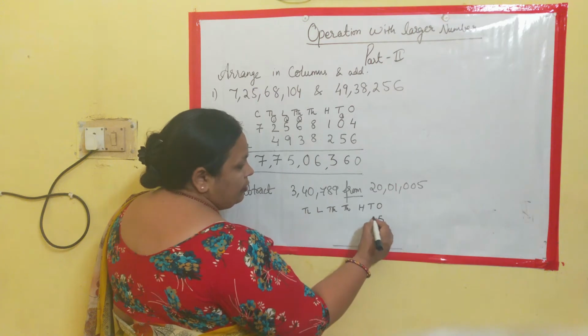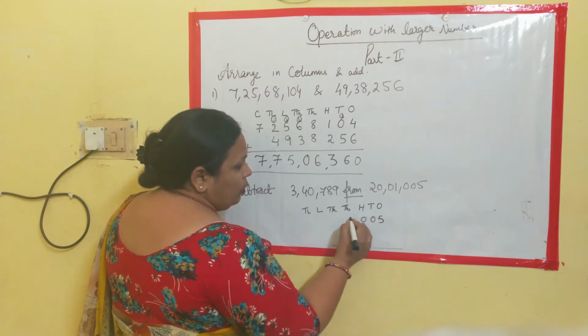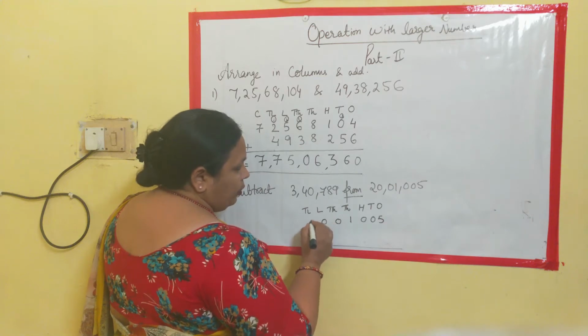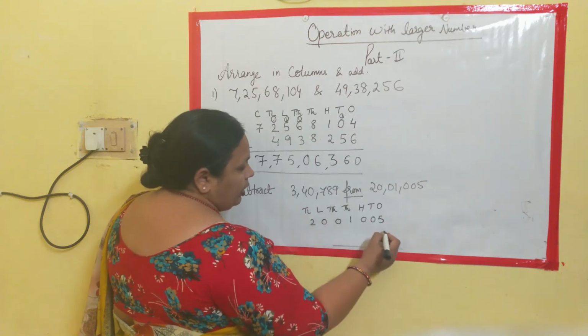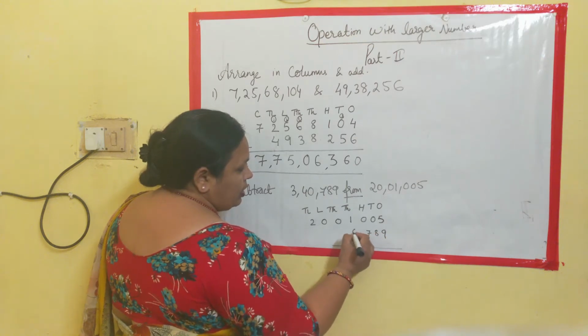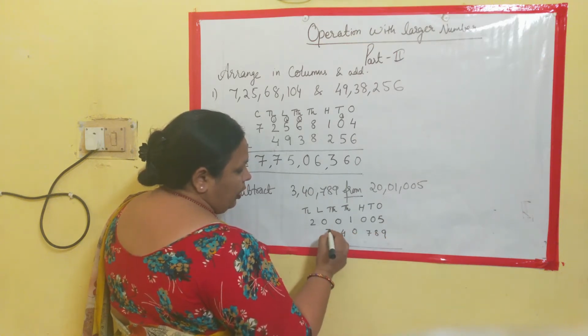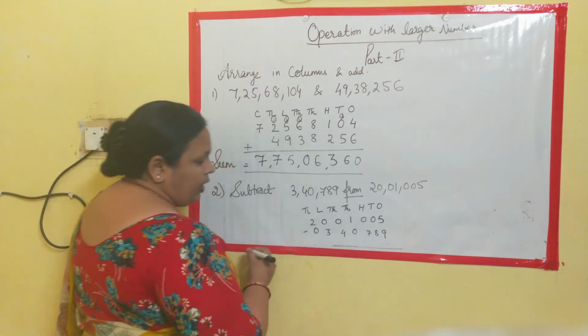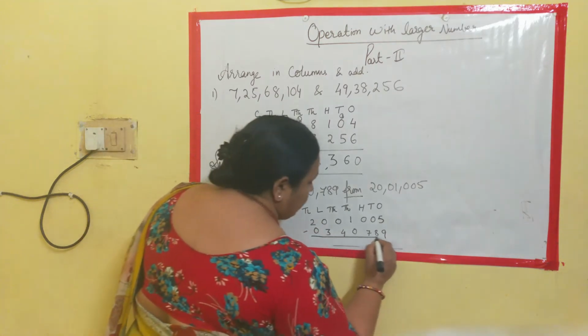So 5, 0, 0, 1, 0, 0 and 2. Then again 9, 8, 7, 0, 4 and 3. Here nothing is there, so simply mention 0 and do the subtraction.